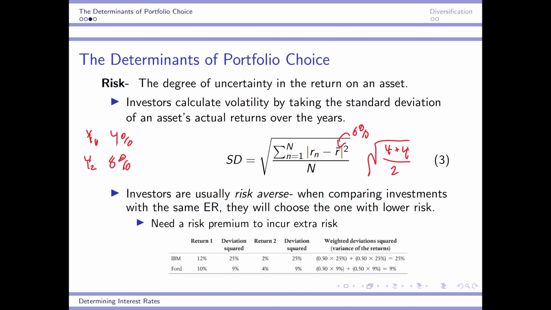So we're going to get 8 over 2, which is 4, square root of that is 2. We have a standard deviation of 2 in that case. If that confused you how I got that number, talk to me because it's really important you understand this formula. But because of this, if we want to compare it to a different asset, we're always going to take the one which has the lower calculated standard deviation.